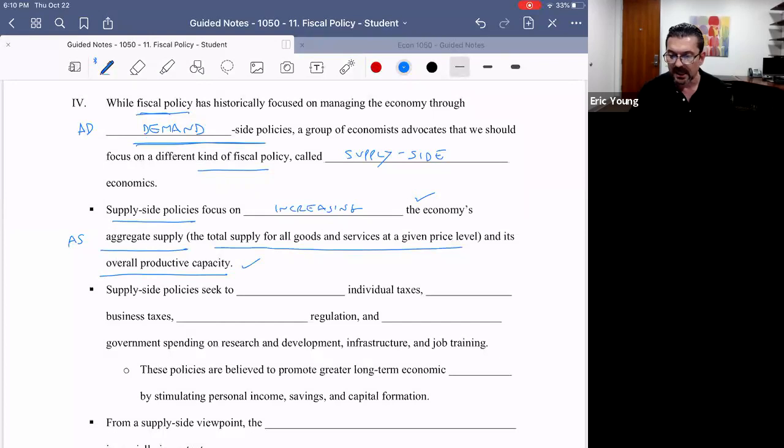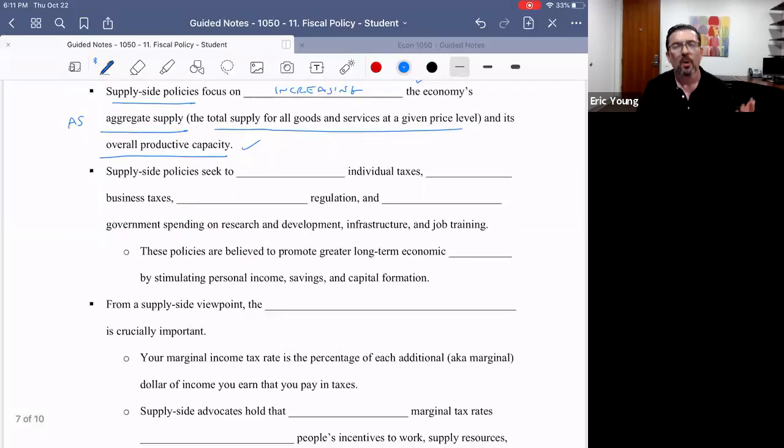These theories tie in very much to what we talked about with economic growth, that economic growth is fundamentally a function of productivity. So supply side policies focus less on the individual demand or on the aggregate demand and more on the supply side, on increasing the nation's overall productive capacity. What are some of the things that these policies do?